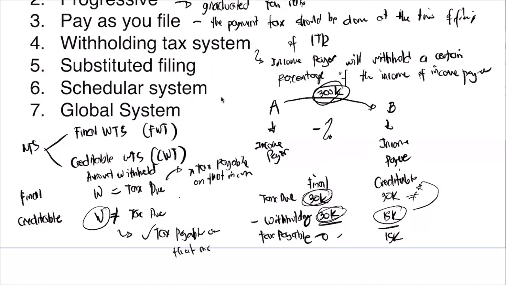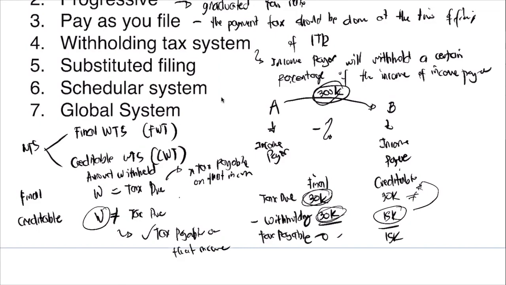Okay, again, final and creditable. Here in your final, the amount of withholding is equal to your tax due. Therefore, you will not pay anything on that income. So even if we earn 300,000, the amount of withholding is enough already for that income. While in a creditable withholding tax, what happens here is that the amount of withholding is not equal to the amount of tax due.